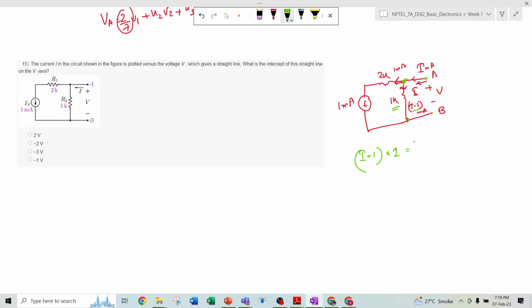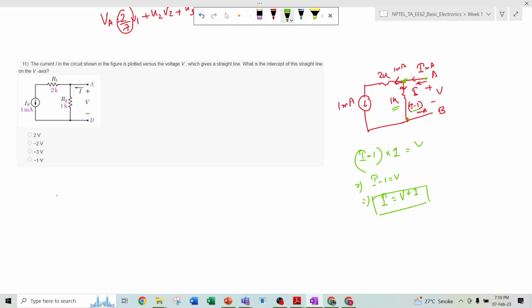So I minus 1 is equal to V. So I is equal to V plus 1. So this is one equation.